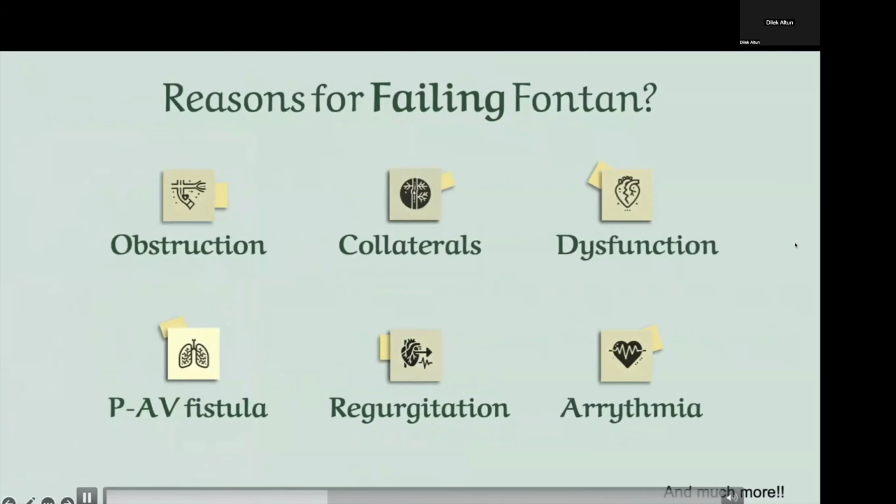Another issue is pulmonary arteriovenous fistulas, PAVF, which allow deoxygenated blood to bypass the lungs entirely. As we discussed, ventricular dysfunction, valvular malfunction, or arrhythmia significantly threaten Fontan physiology. And of course, there are many other factors that can contribute to Fontan failure, making it essential to carefully monitor and manage each patient based on their unique presentation.